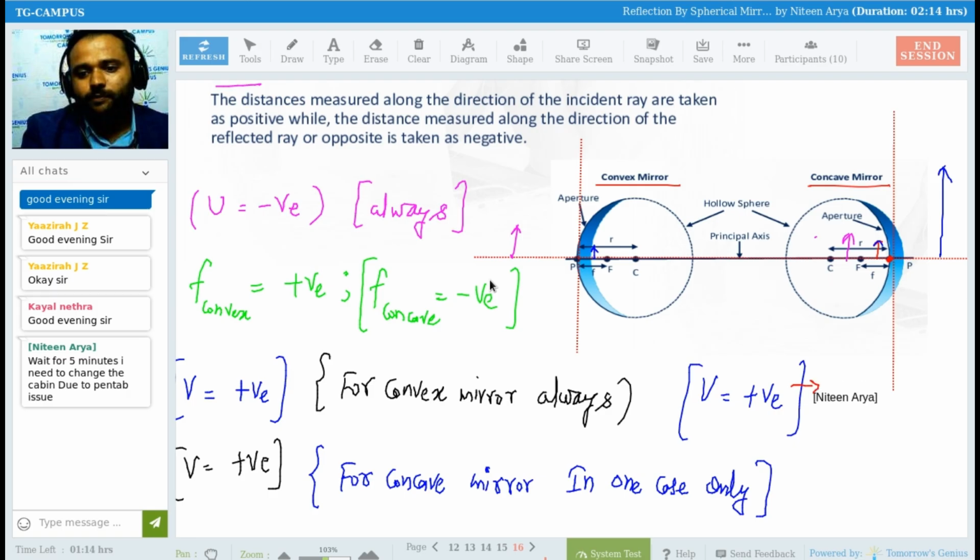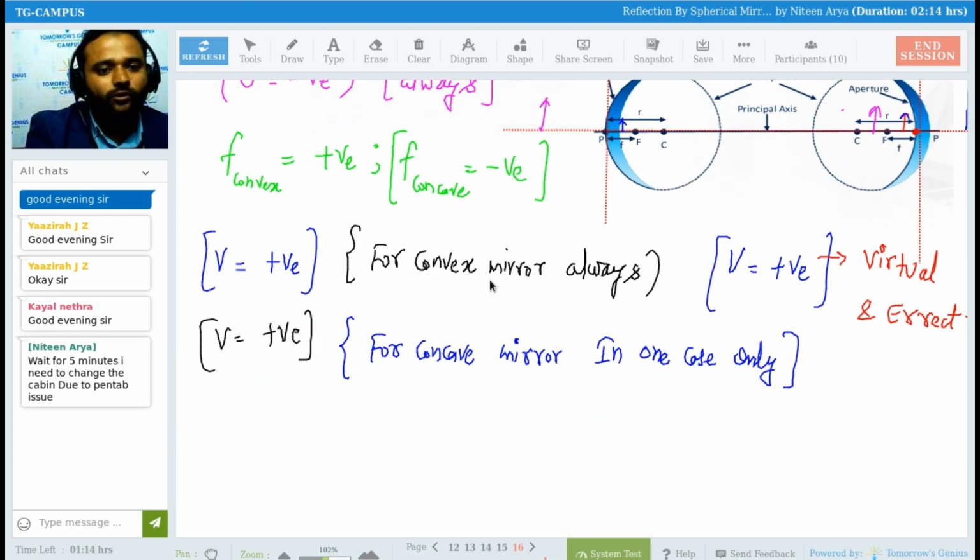What is the meaning of virtual? Please, anyone tell me. What is the meaning of virtual? Arre beta, you already did this in class 10 and you don't know this? Seriously, what is the meaning of virtual? Anyone, please?